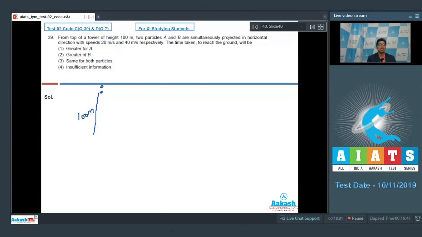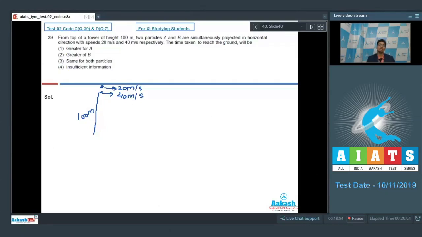And two particles are projected from top of the tower with 20 meter per second speed and 40 meter per second speed. The initial velocities of projections for both the particles is in horizontal direction. Dear students, this means that for both the particles, the initial velocity has no vertical component.